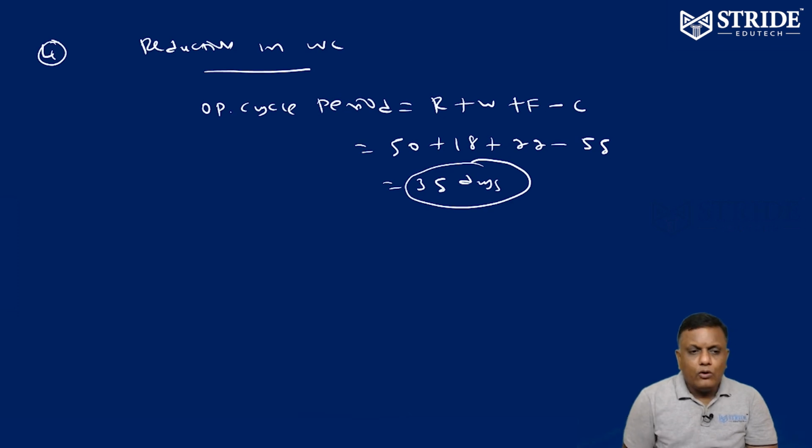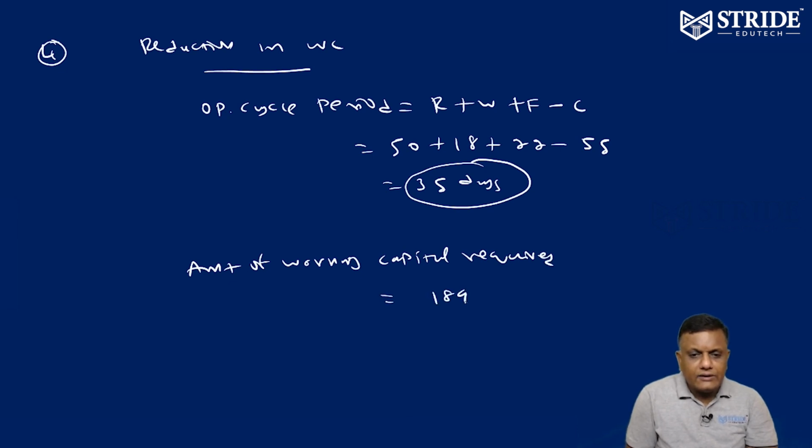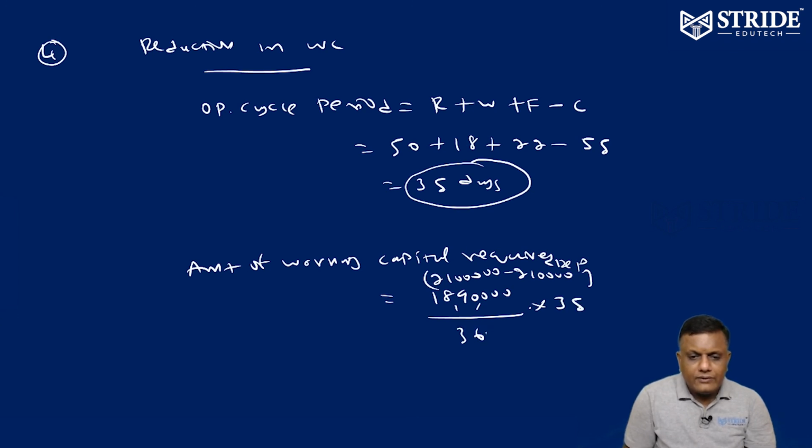Now the amount of working capital required if you cut all credit sales: the annual operating cost excluding depreciation is 21 lakhs minus 2,10,000 depreciation, that is 18,90,000, into 35 days by 360 days.